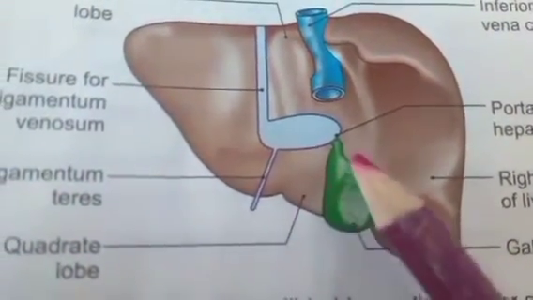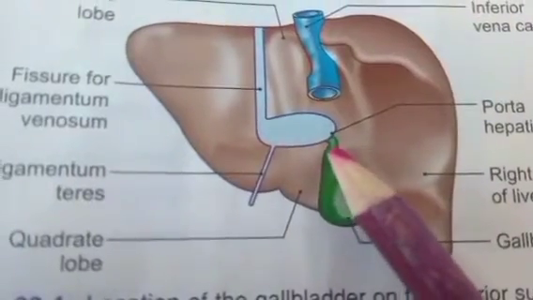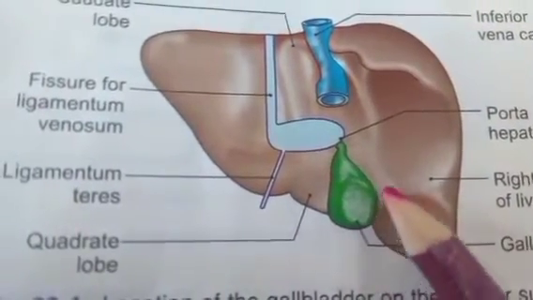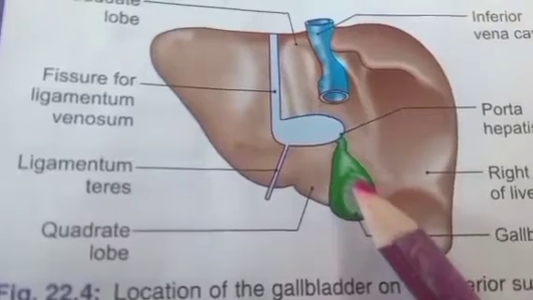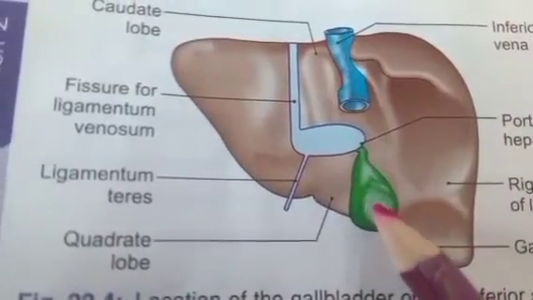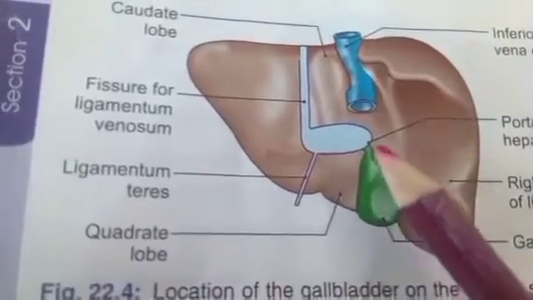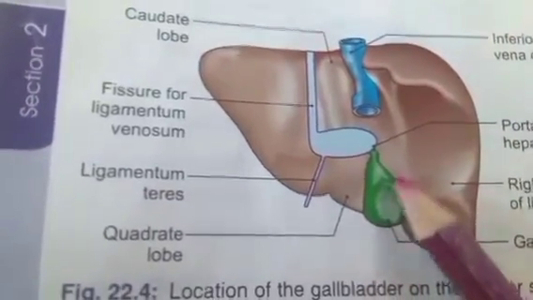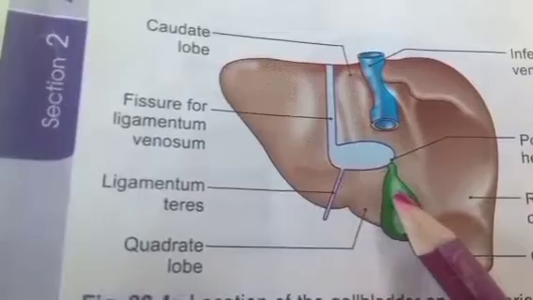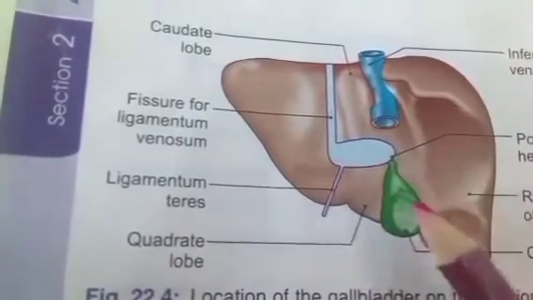The next component of the extrahepatic part of the biliary apparatus is the gallbladder, which is a pear-shaped reservoir of bile situated in the fossa for the gallbladder. This fossa is located on the inferior surface of the right lobe of the liver.